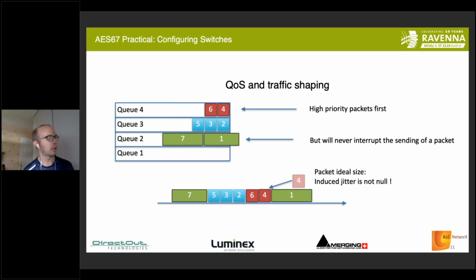And this is problematic because if you have long packets, and the packets can be up to 1,500 bytes, that's 12 microseconds. So you can have up to 12 microseconds of jitter, even on the best quality of service network, and only with one switch.